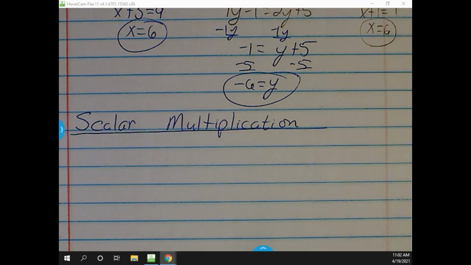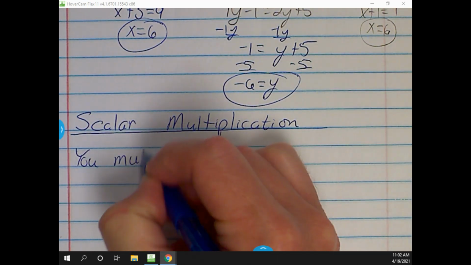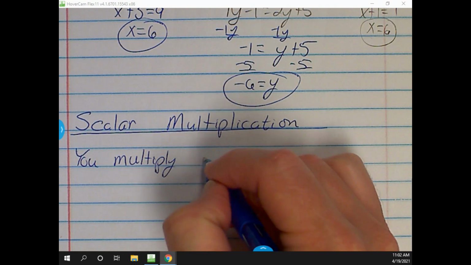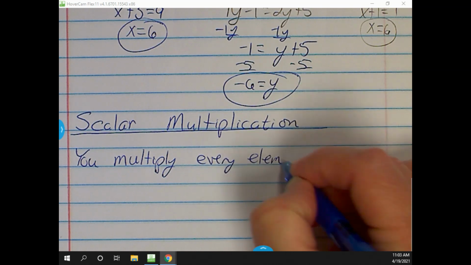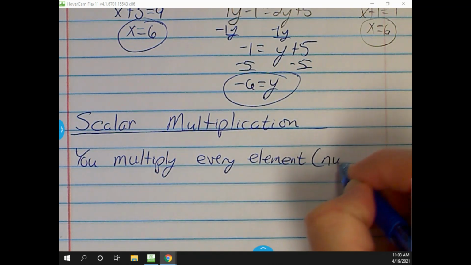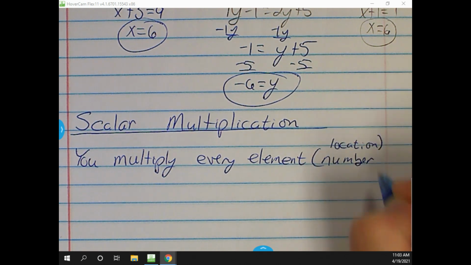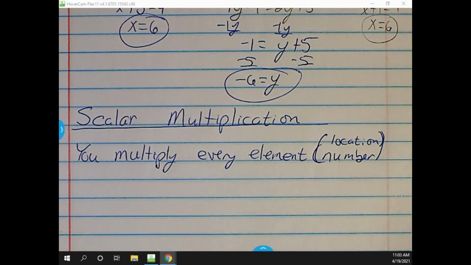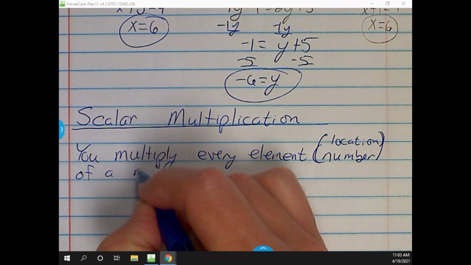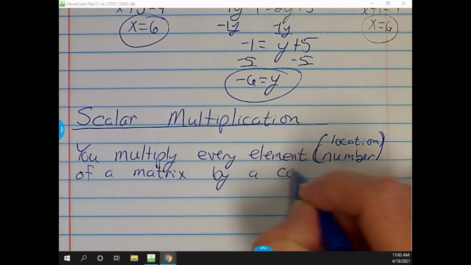With scalar multiplication, it's basically this: you're going to multiply every element, which is basically every number. You could say location, all kinds of different ways you could talk about it. It could be a location, it could be the number, it could be the element. Basically, you're just multiplying every single element of the matrix by a constant.